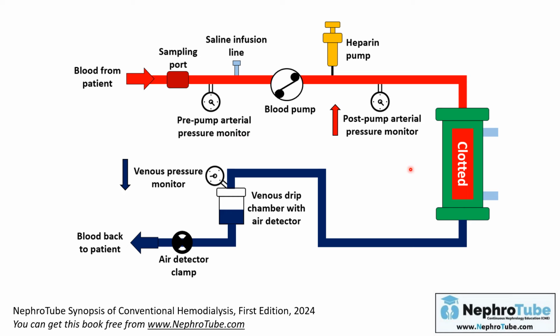In lecture 2, we mentioned in detail all factors that can affect the post-pump and pre-pump arterial pressure monitor and the venous pressure monitor, whether the pressure in these areas will increase or decrease. But if you have a clotted dialyzer, this pressure will increase, this pressure will decrease, and the transmembrane pressure that we mentioned in the previous slides will increase.